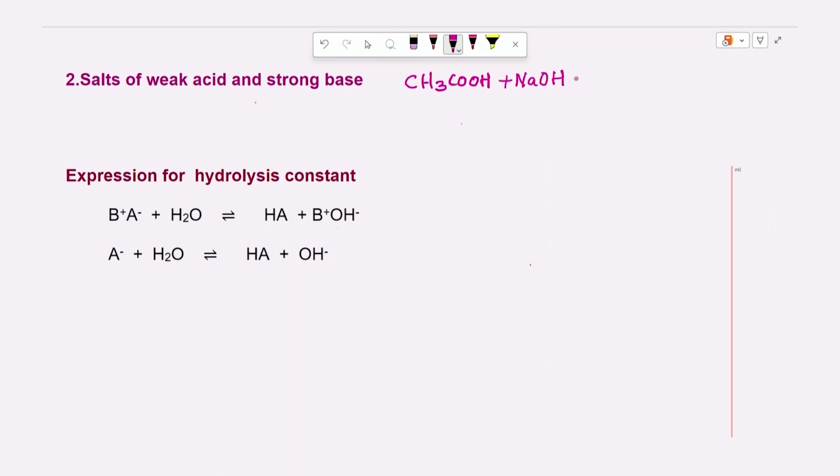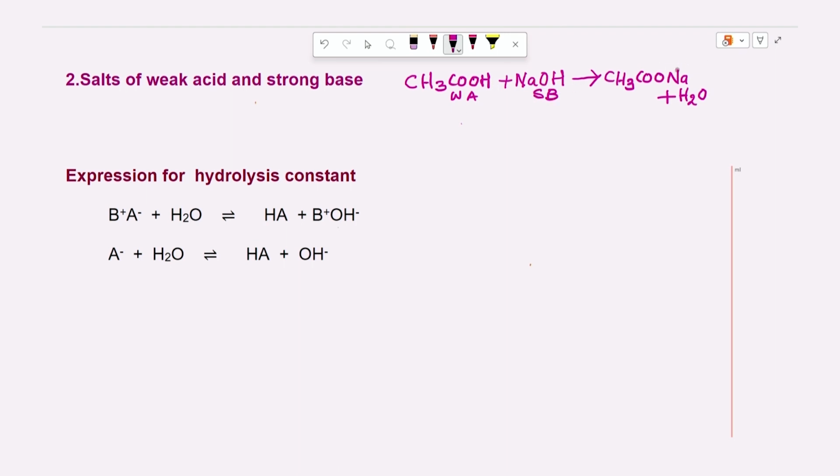When these two react, the salt formed will be CH3COONa plus H2O. CH3COONa is known as sodium acetate, a salt formed from a weak acid and a strong base.